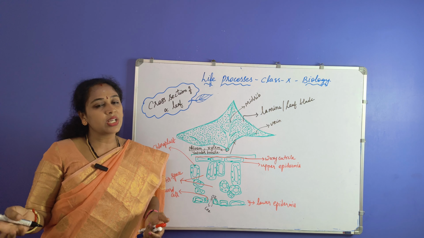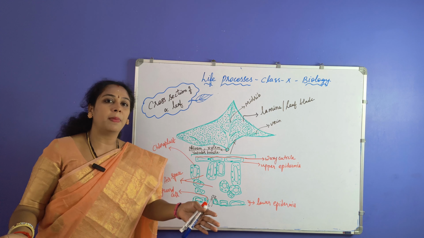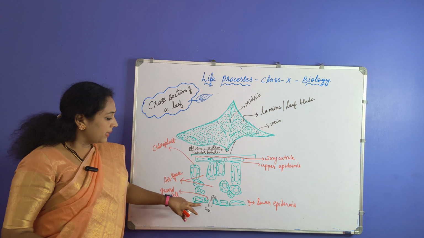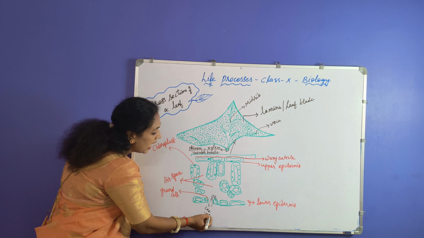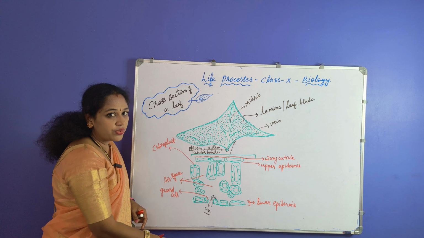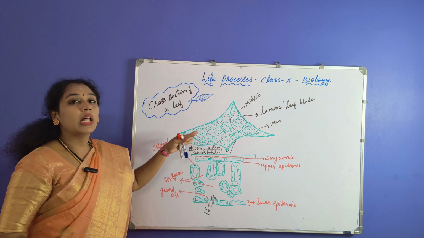What happens at night? More carbon dioxide will be released, and this CO2 is taken up by the plants in the daytime for photosynthesis. In both cases, this is the entry point and exit point where the gases go in and out of the plant body. And this is how the cross-sectional view of a leaf looks like.